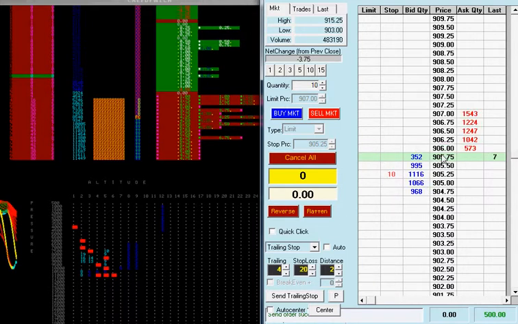So if we see this move downward, my order will get picked up and we'll go short. And if the direction changes, this order will not get picked up and I won't be in.